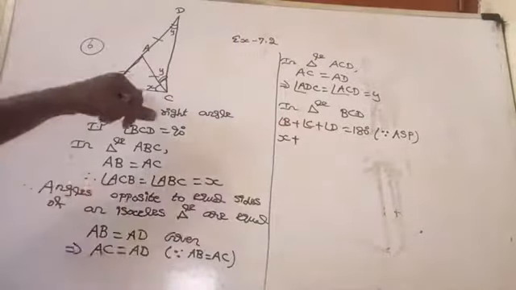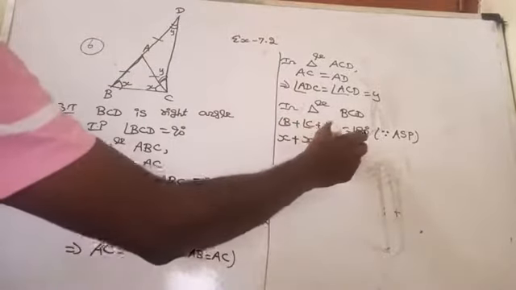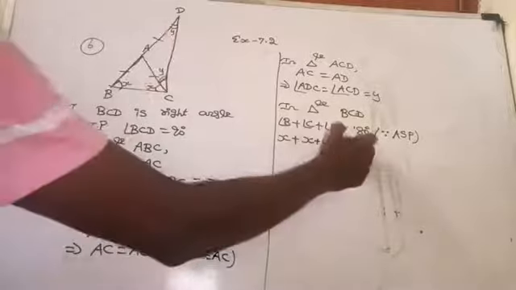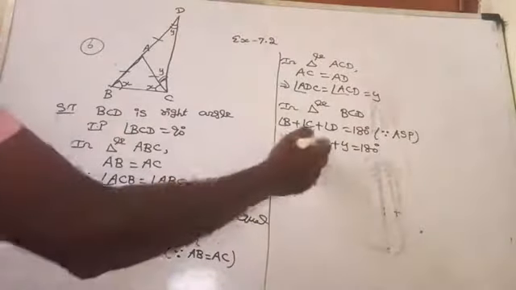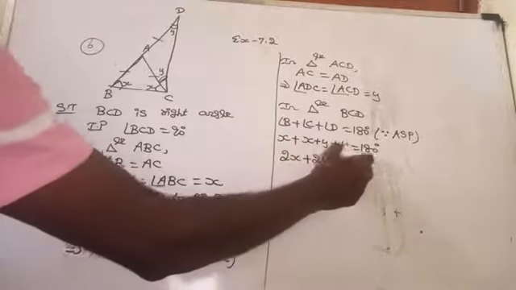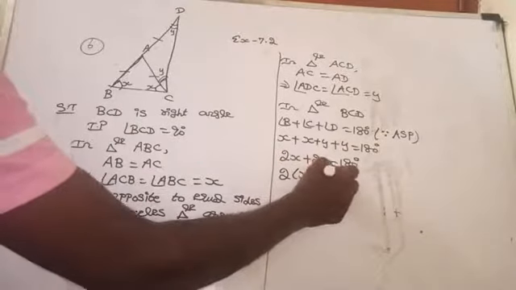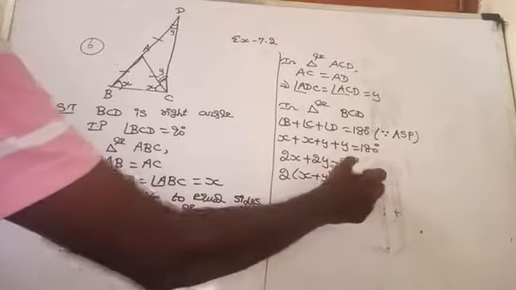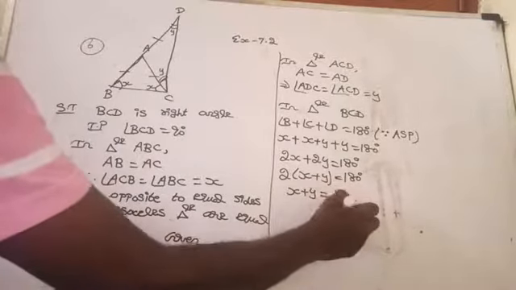Angle C is x plus y. Angle D is y. This equals 180 degrees. Now x plus x is 2x, y plus y is 2y, which equals 180 degrees. So 2 times (x plus y) equals 180 degrees, so x plus y equals 180 by 2, which equals 90 degrees.